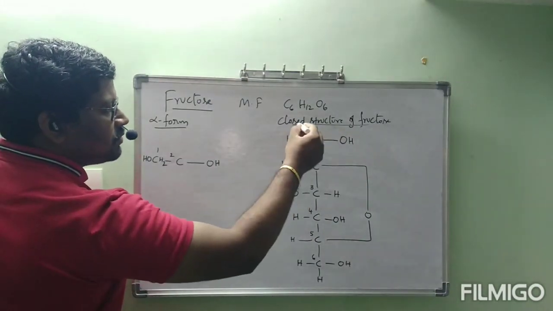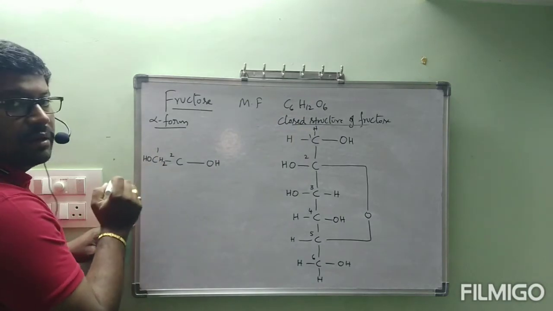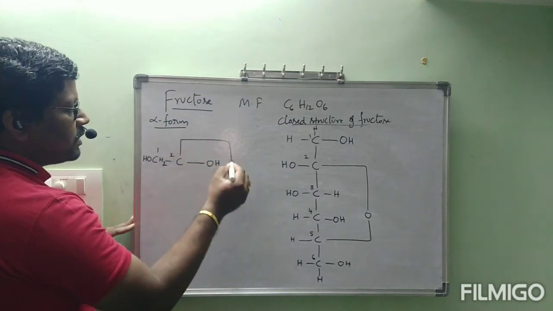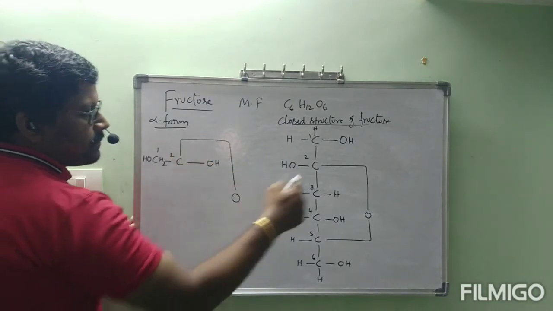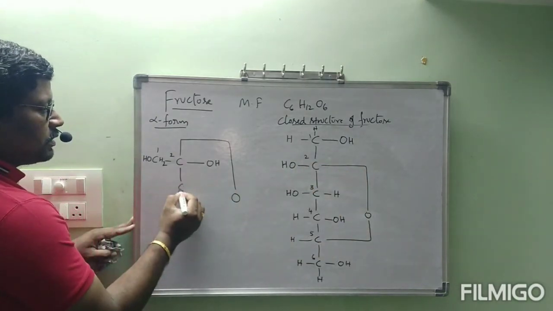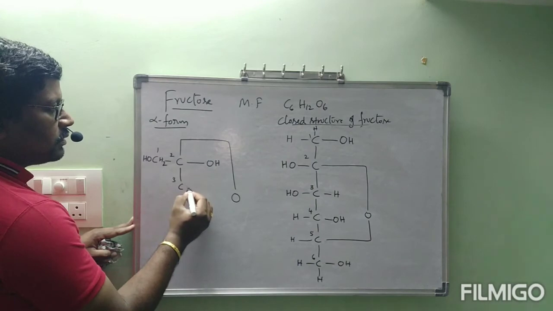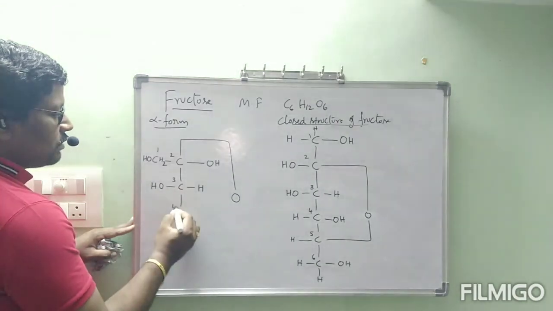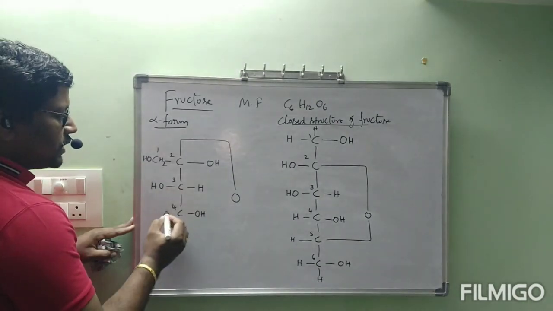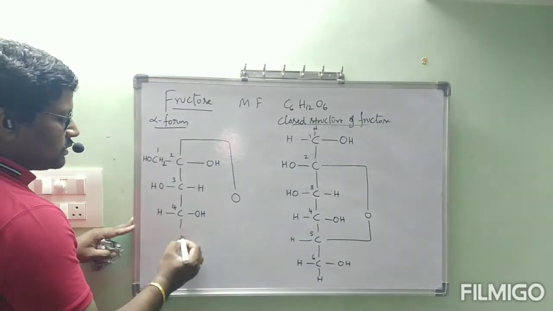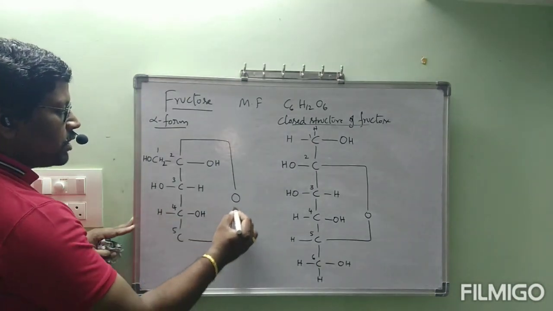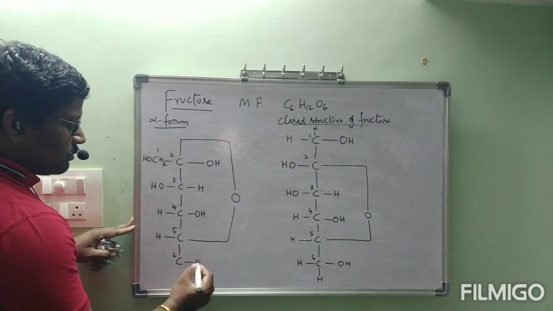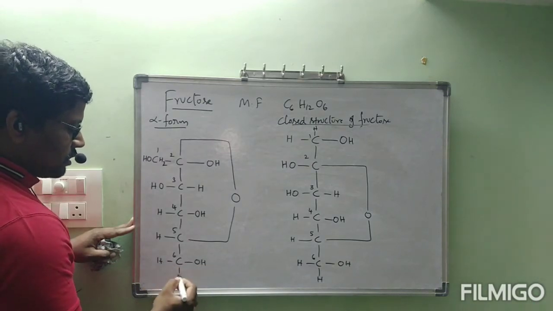This total first carbon is CH2OH. I wrote CH2OH here. Okay, right side I wrote this OH. This second carbon is bonded to oxygen. Next, third carbon. Third carbon, right side H, left side OH. Next, fourth carbon, right side OH, left side H. Next, fifth carbon, bonded to oxygen, left side H, and sixth carbon, OH, H, H.